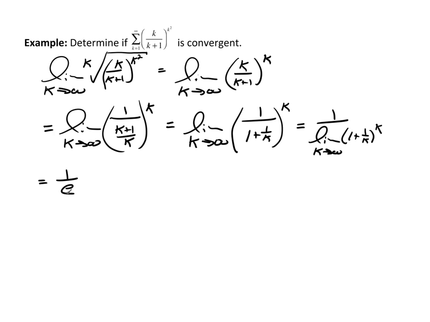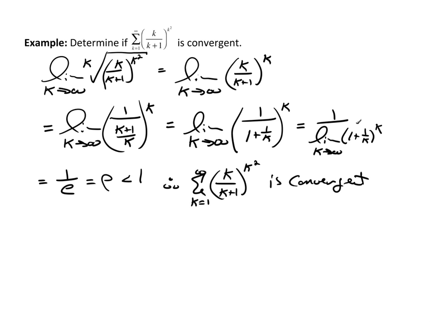Again, I'm thinking of this as being rho, and 1 over e is less than 1. Therefore, the sum from k equals 1 to infinity of (k over k plus 1) raised to the k squared is in fact convergent.